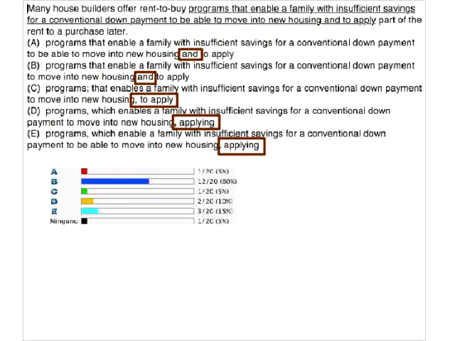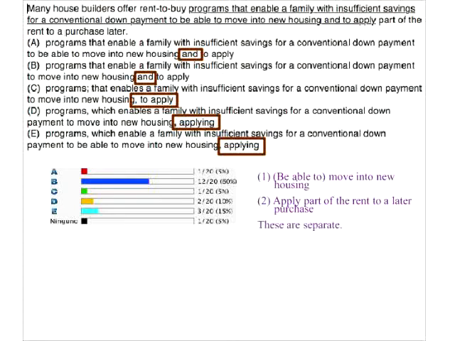Or just move into new housing. I mean, it depends on which choice you pick. And then the other idea is to apply part of the rent to a later purchase. So these are separate. You can't reasonably claim that one of these is dependent on the other one. Because one of them is they can move in right away, and the other one is, after they've been there for a while and paying rent.